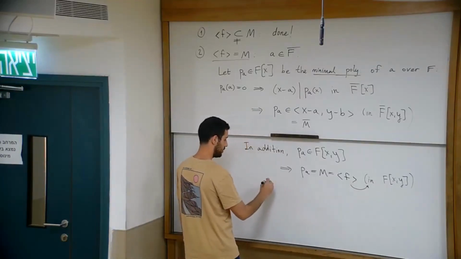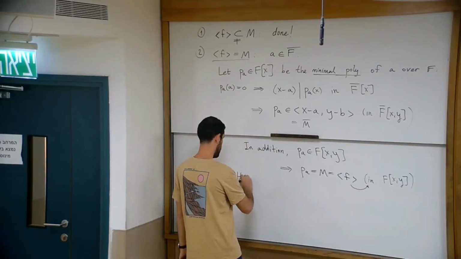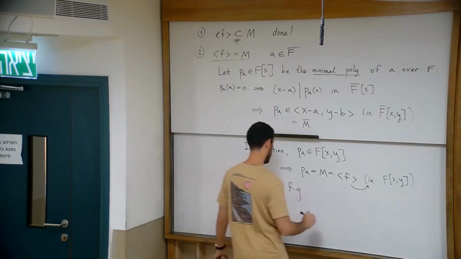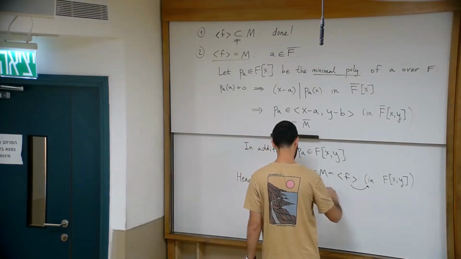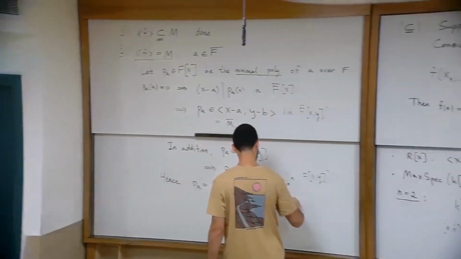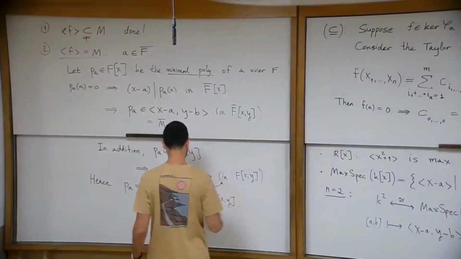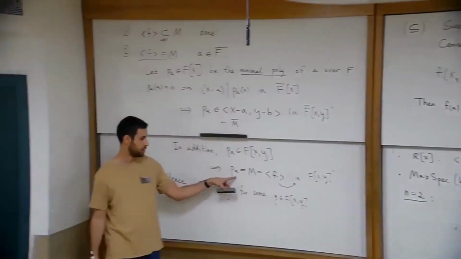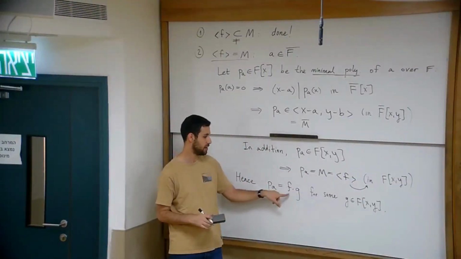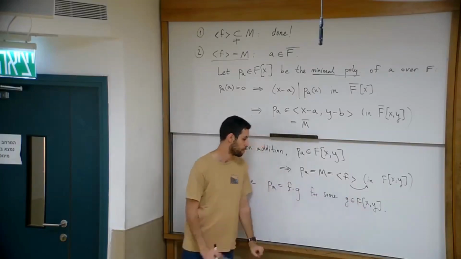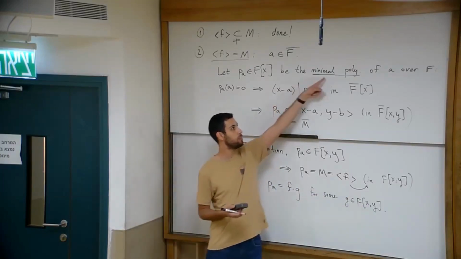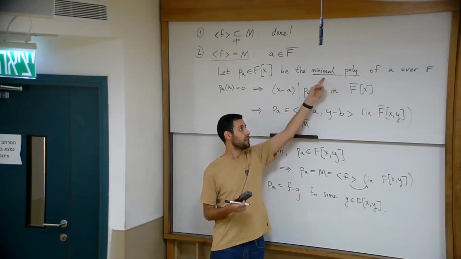So it follows that P of A is simply f times g for some g in F xy. Right, so the fact that P of A belongs to this ideal means exactly that P of A is f times g for some g in the ring.